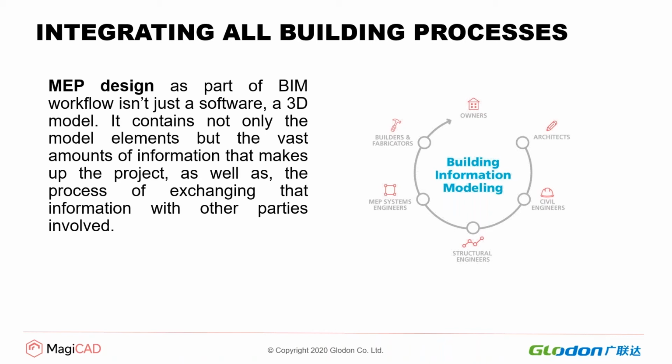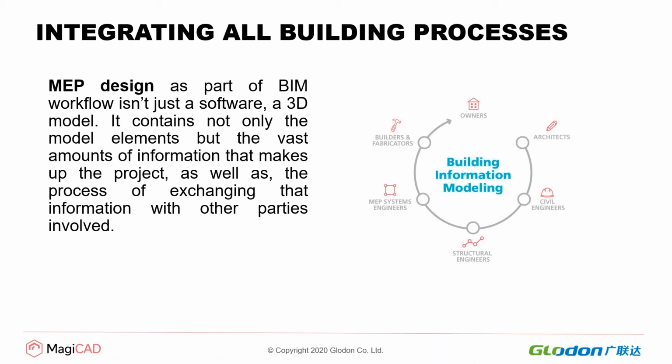When you use a BIM software like MagiCAD, for example, you don't just have a 3D model, but you also have all the different elements that make up the project. You have intelligent objects in your design, complete with their geometric dimensions and data. For example, you have a new process to help you exchange information more easily and efficiently.